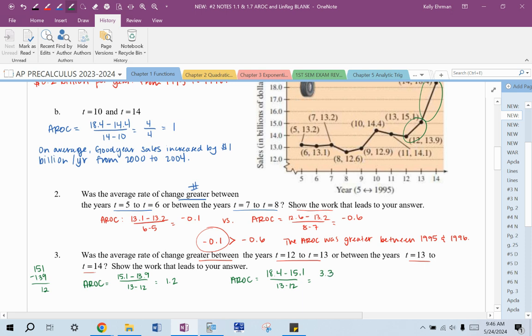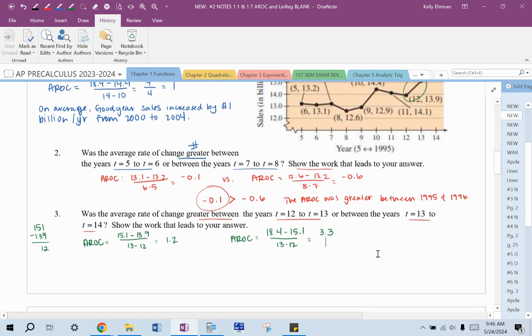That one lines up nicely for me. Okay, so 3.3. So again, which one is greater? We're just looking for greater. So compare 1.2 and 3.3. Those two numbers, 3.3 is definitely greater. So the greater average rate of change is between, what was 13 to 14? 14 was 2004. So that's 2003 to 2004.